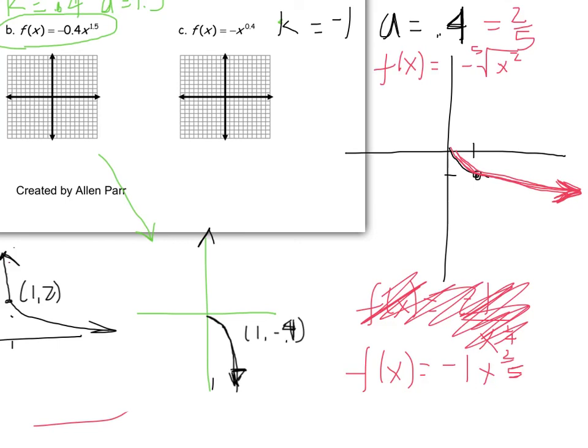It's going to be an even function, because if I substitute a negative x into this, I'm always going to square that negative, and it's going to become positive.